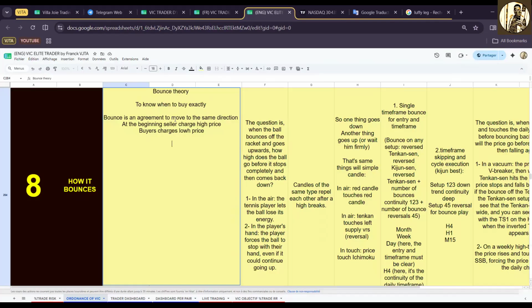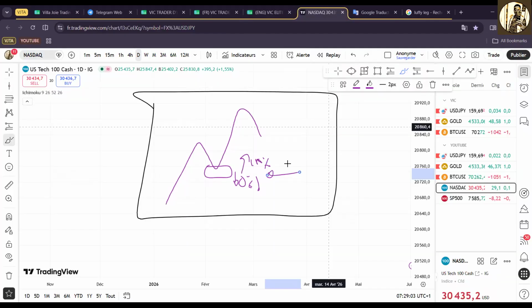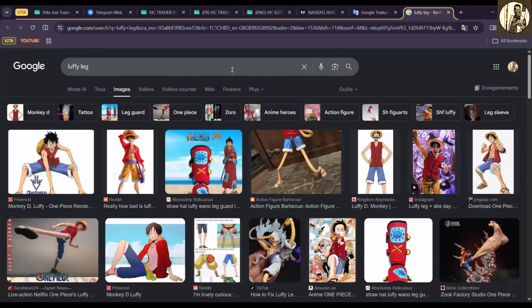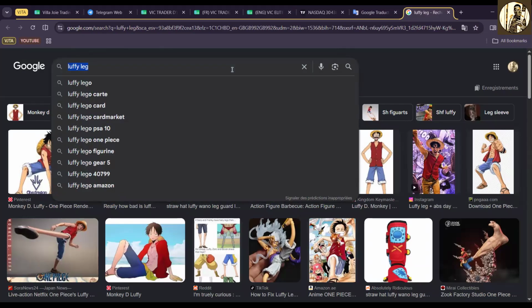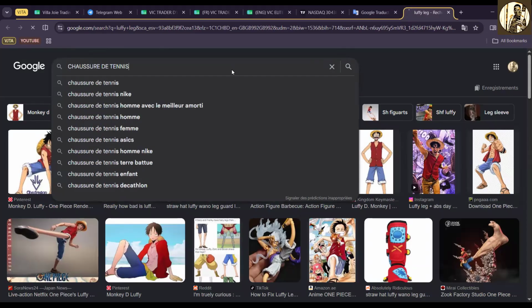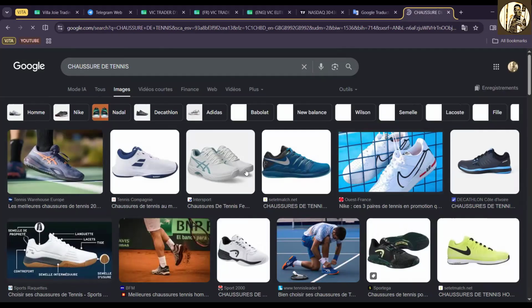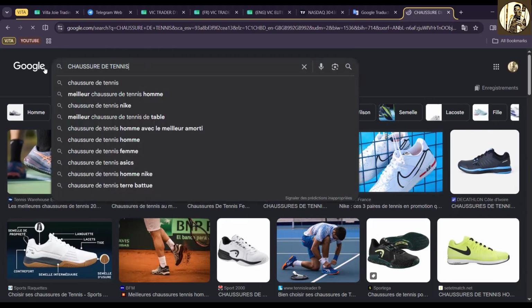The bounce theory is an agreement to move in the same direction. At the beginning, the seller chart has. Okay. For example, if you are selling shoes and then you have a graph like this, right? You are selling tennis ball shoes, like, you know, tennis shoes.